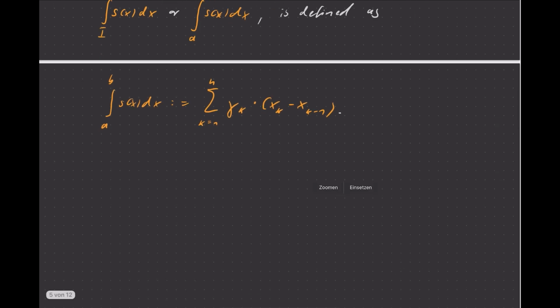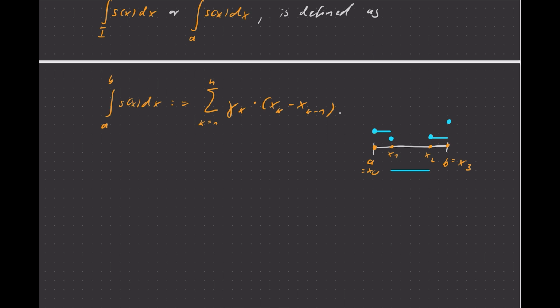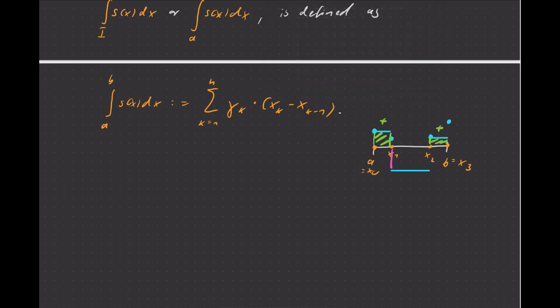And in our example here, with this step function, the integral that we get will then simply be the area of these corresponding rectangles here. So this will be counted positively. This will be counted positively. And this area below here, that will be counted negatively.